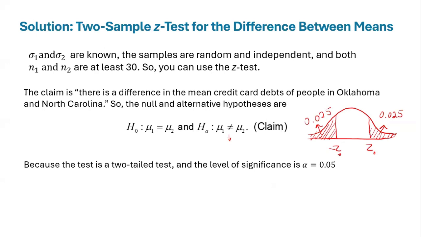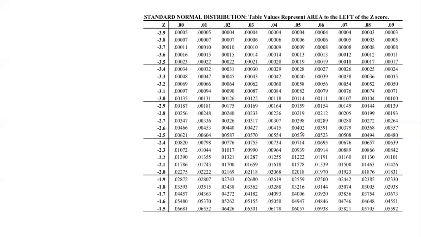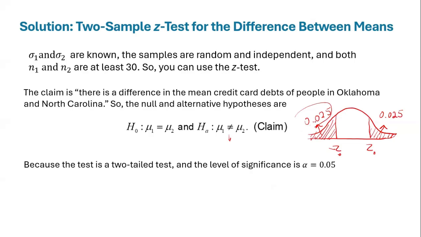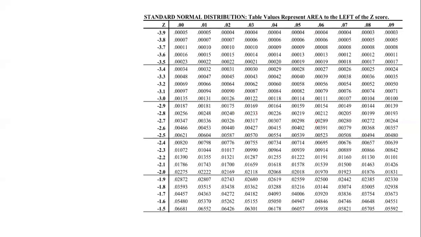Now, by looking at the body of the z-table for this number, I can find the z-value. Let's look at the z-table. I'm trying to find this area, 0.025. And 0.025 is here. After finding that number, I know that the z-value that corresponds to this area is negative 1.96.